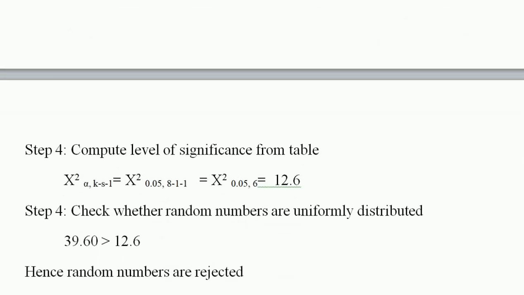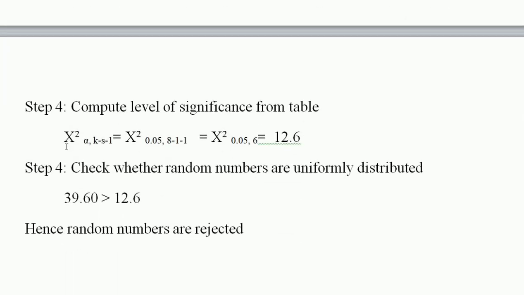Now here we have to calculate the critical value, that is chi-square alpha comma k minus s minus 1. The alpha value is given in the question, that is 0.05, and the k value is also given, 8. And s, for the goodness of fit in the chi-square test formula, is always 1. So 1 minus 1, that is chi-square 0.05 comma 6, that is 8 minus 1 minus 1, which is 6.